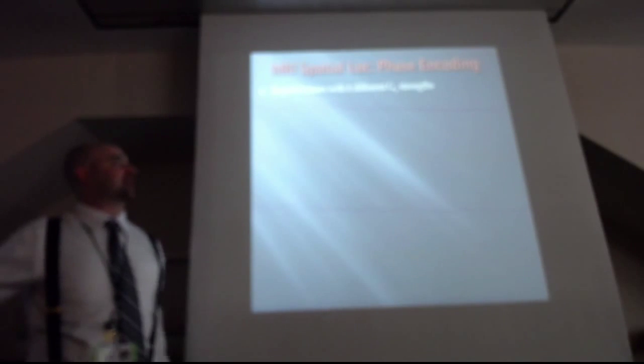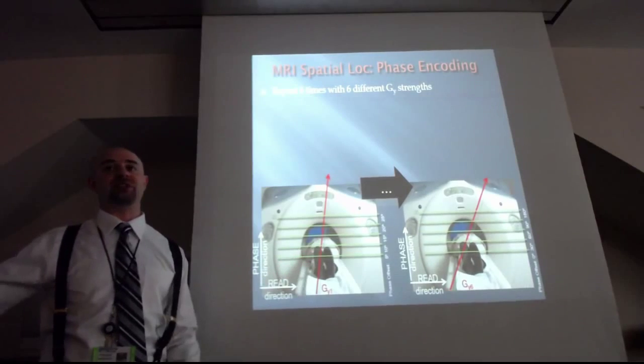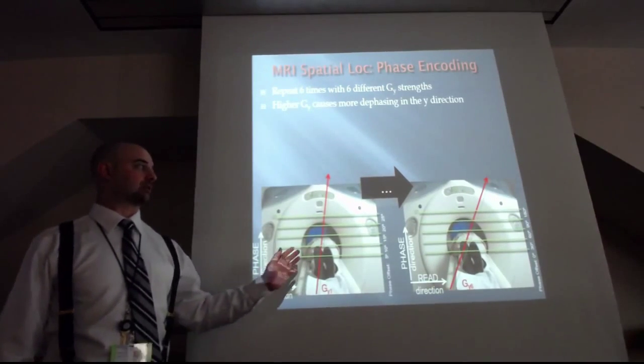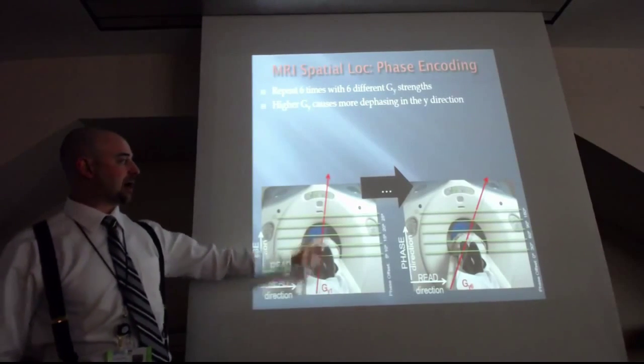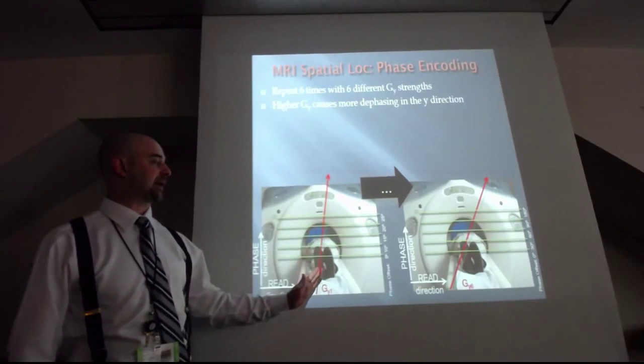Okay, so again, you're going to repeat the MR experiment 6 times with 6 different phase encoding gradients, right? Now, the higher you make your gradient in the y direction, the more dephasing you're going to have. So notice, so here's, say, GY1. Usually it's 0, but for the purposes of illustration, I made it a weak gradient.